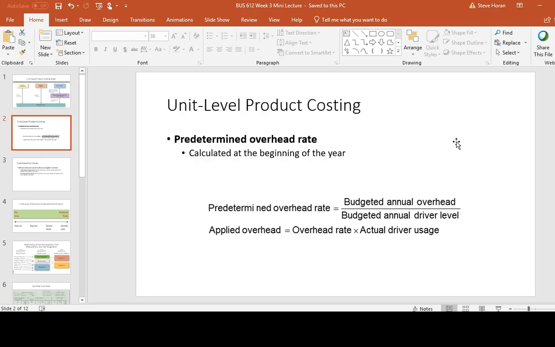So the next slide talks to us about how you do that overhead allocation. And we do it based on what they call the predetermined rate. What companies do is they look at the future, before a year starts, and they make estimates. They estimate here is how much overhead we'll have for the year, and here is how much of whatever the activity driver will be to deal with that overhead.